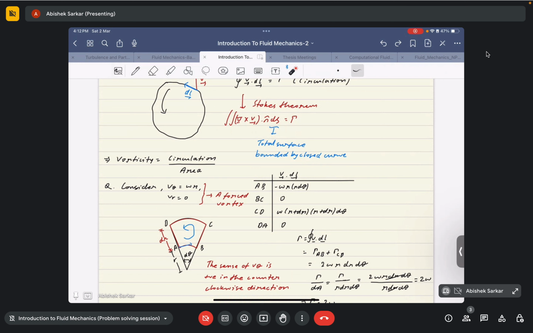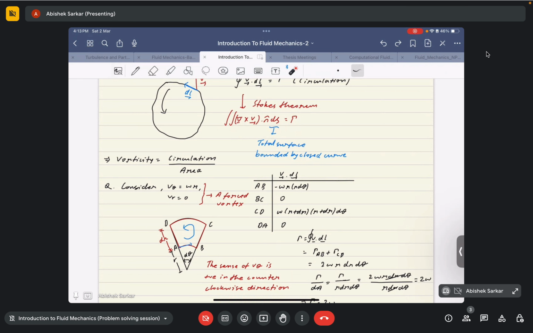Okay, so sometimes in some problems, it may happen that the surface area and the vorticity are explicitly given, and you are asked to find the circulation. In those cases, there is no need of applying the line integral or the surface integral. Since the flow domain has a defined shape, you can directly apply the curl of the velocity, the vorticity, times the area of the flow domain, which is the circulation.